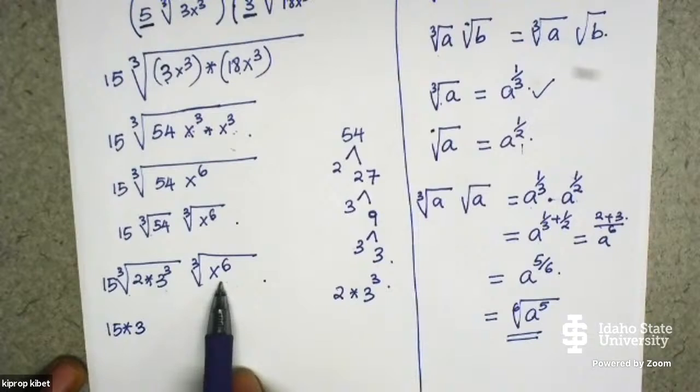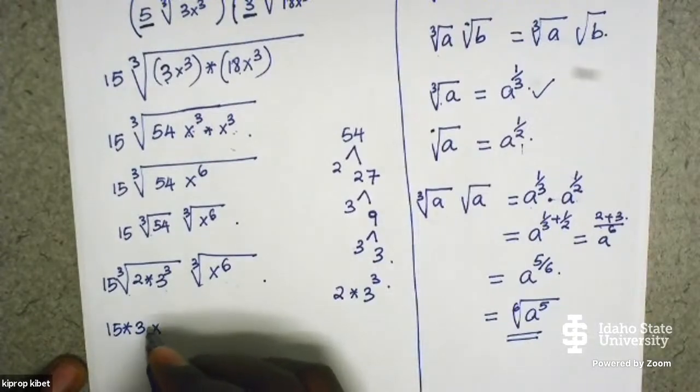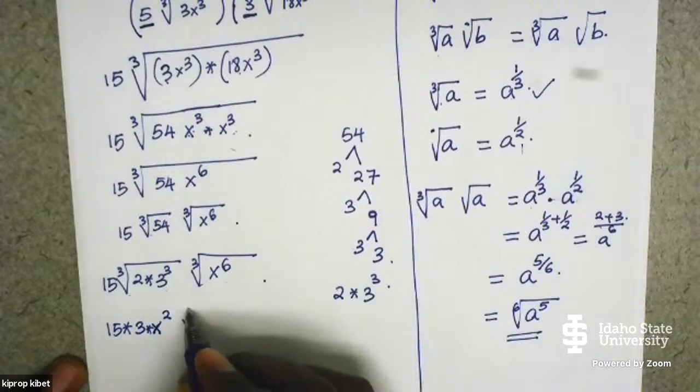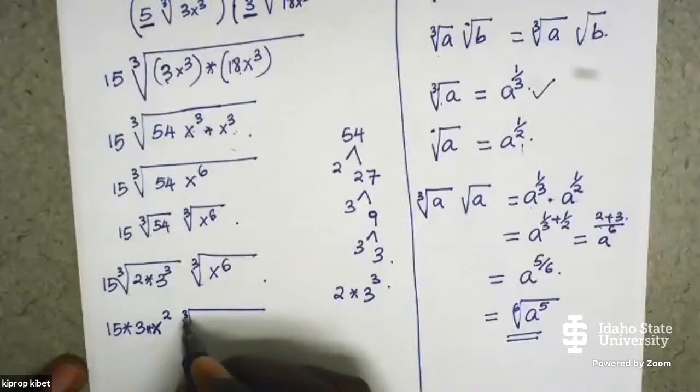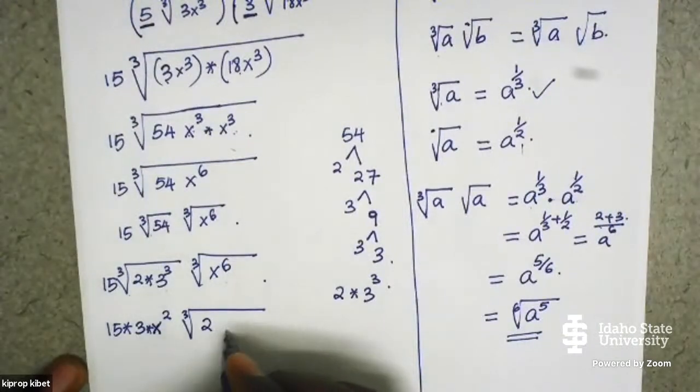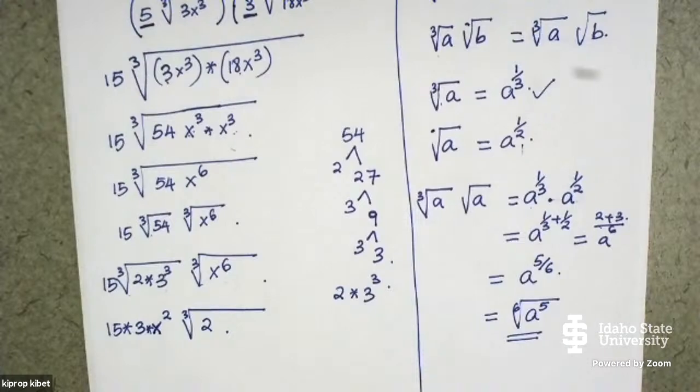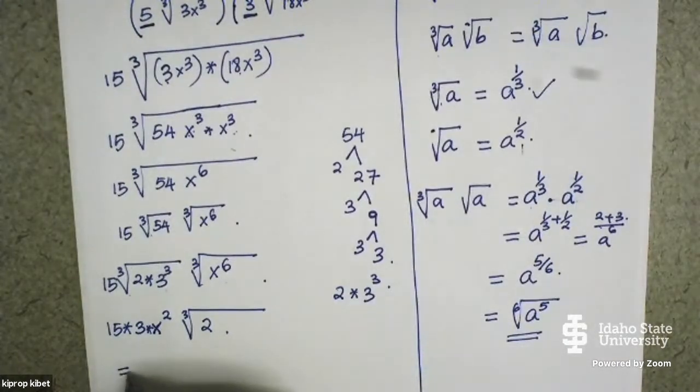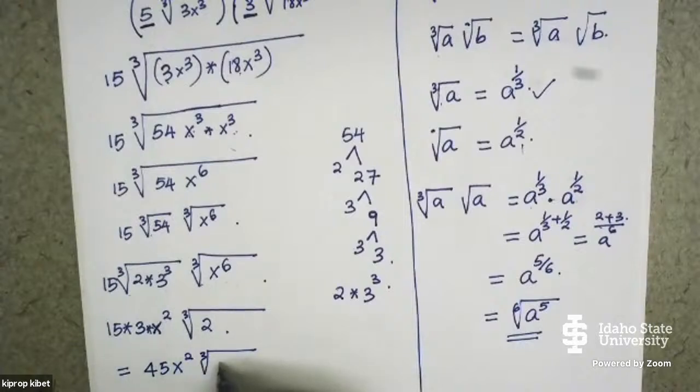X multiplied by x. What remains inside is the cube root of 2. Now, finally, this is equal to 15 x squared, the cube root of 2.